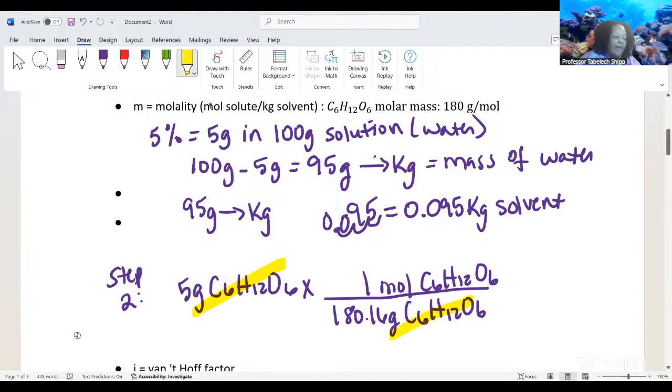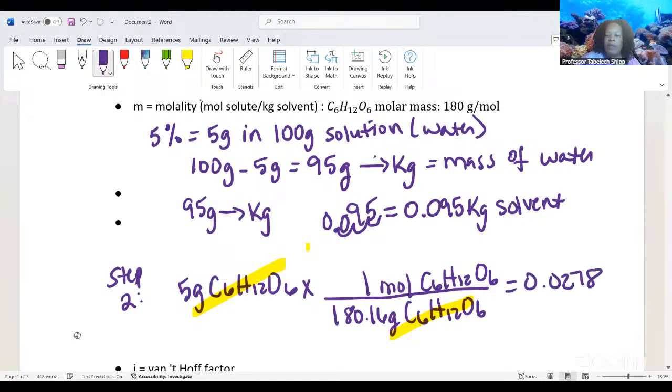So we're going to say 5 divided by 180, which is 0.16, and you get 0.0278 moles of dextrose.